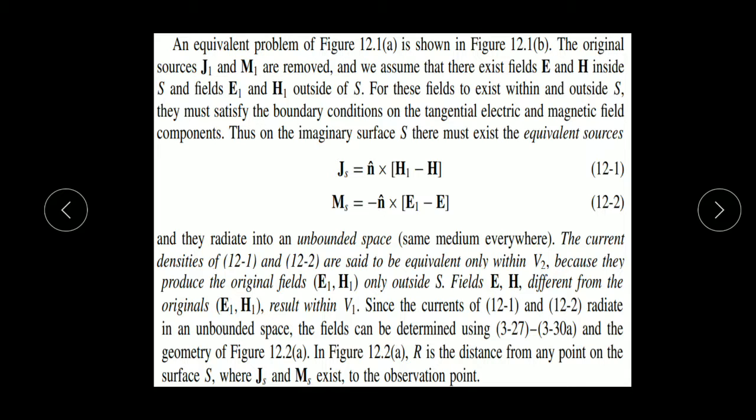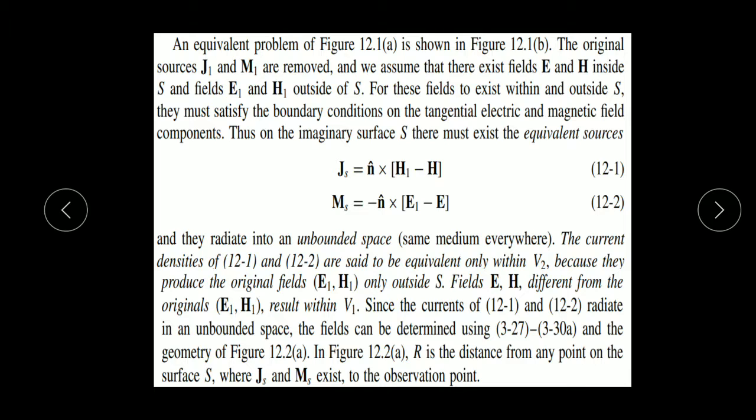The original sources J1 and M1 are removed, and we assume that there exist fields E and H inside S, and fields E1 and H1 outside of S. For these fields to exist within and outside S, they must satisfy the boundary conditions on the tangential electric and magnetic field components. Thus, on the imaginary surface S, there must exist equivalent sources J1 and M1.